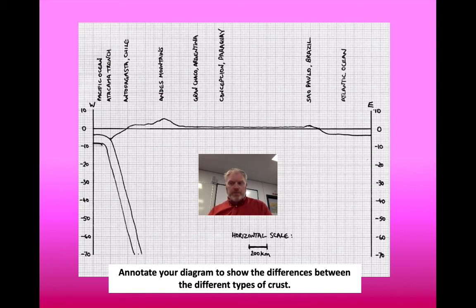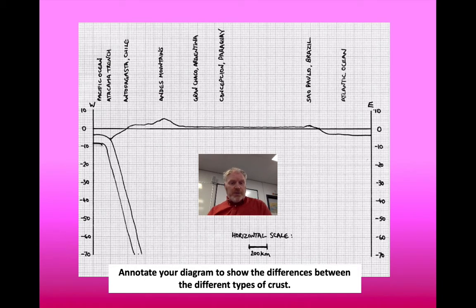Okay. What I would like you to do is plot the bottom of the crust across this diagram. You've got a table with the thickness of the crust at each of the places that's actually marked. The thing you need to bear in mind is that the data you've been given is the thickness of the crust, not its depth below sea level, its thickness.